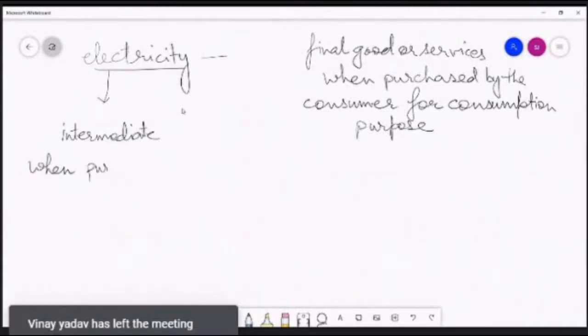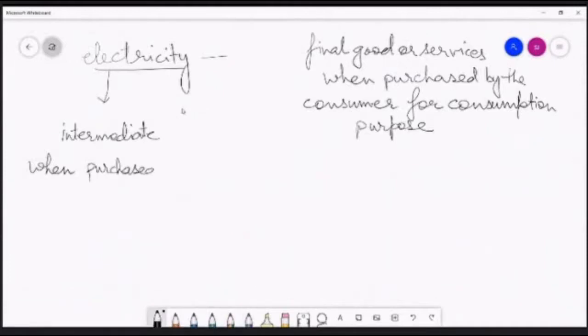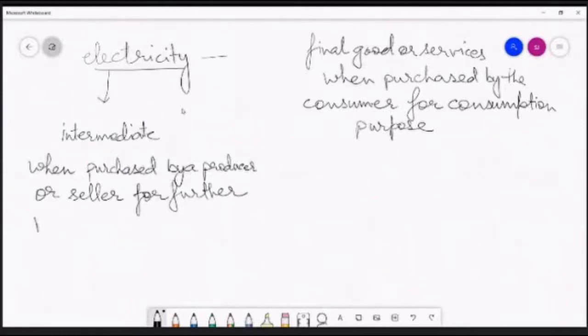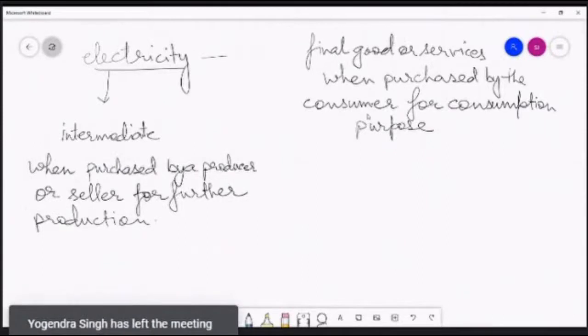So now electricity purchased by the household becomes a final good or service.